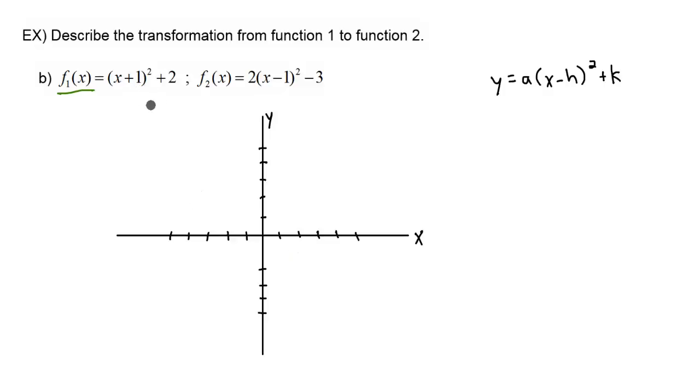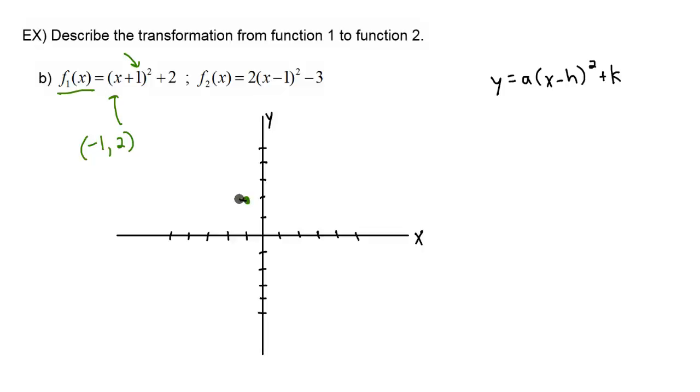So my h and k for this equation right here is going to be negative 1 comma 2. Okay, remember, we always want to take the opposite sign of our h value here. My h value is negative 1, and then my k value is going to be 2. So that's going to be the vertex, and I could plot it right away on my graph here.